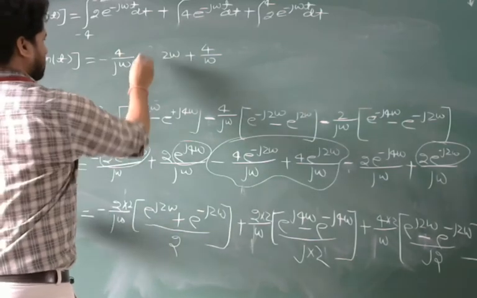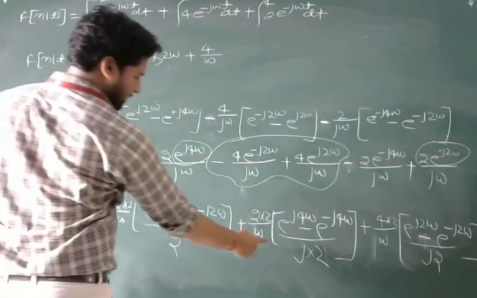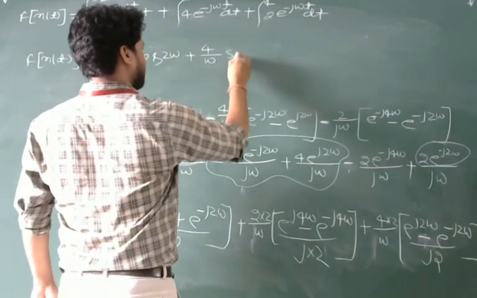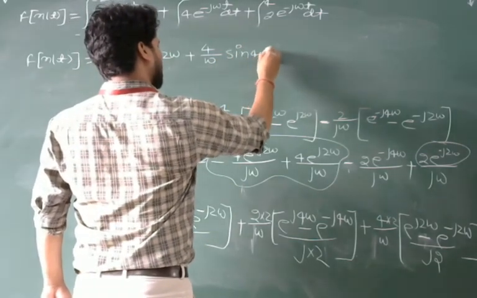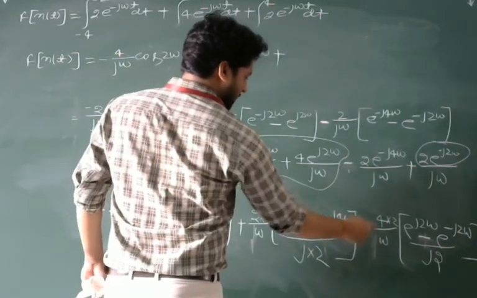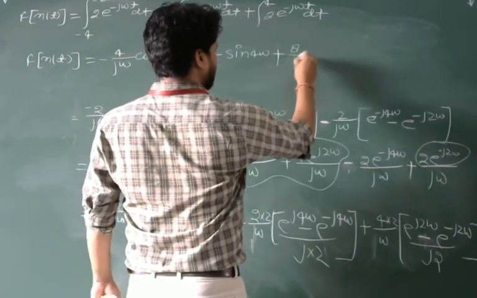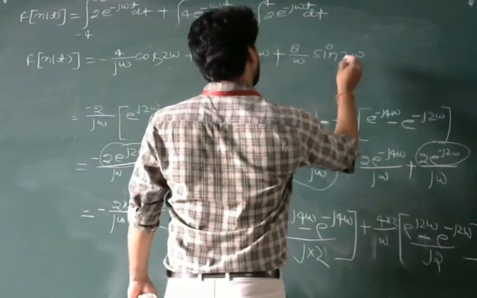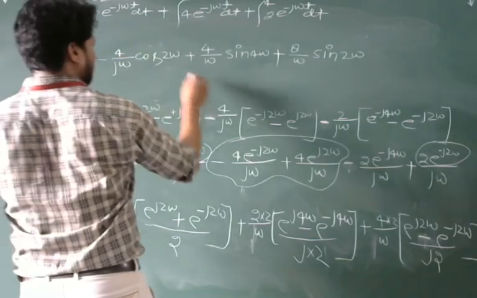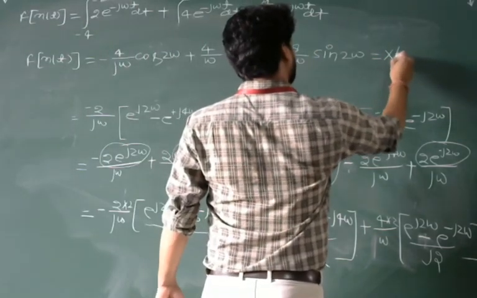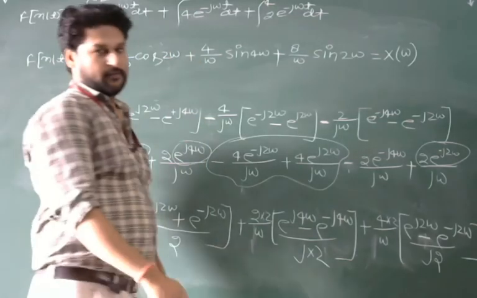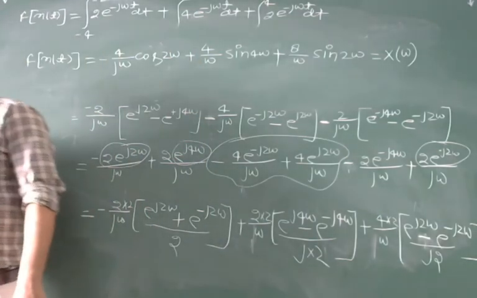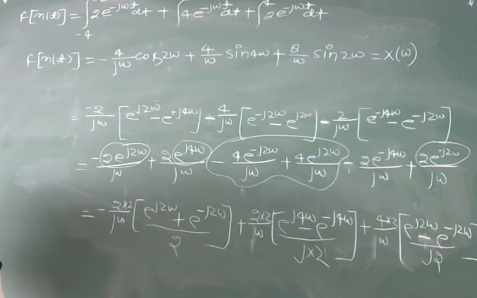This is cos of 2 omega and this is sine of 4 omega, sine of 4 omega plus 8 by omega into sine of 2 omega. This is what will be the Fourier transform of signal x(t) as capital X of omega. This is what we will get after applying the expression for the Fourier transform.